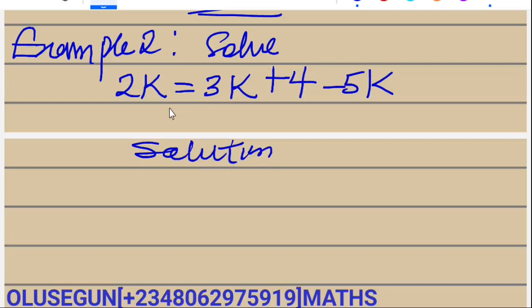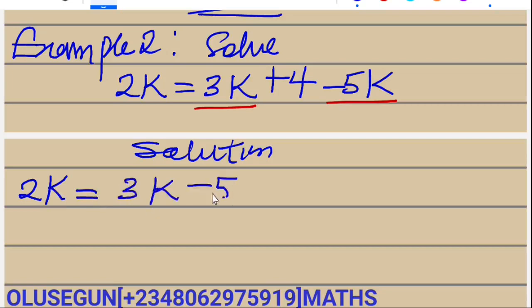Now, in having a solution to this, you have 2k here. Let's firstly consider what is on this side. Let's try to rearrange it better to make it meaningful to you. You have 2k is equal to 3k minus 5k plus 4.